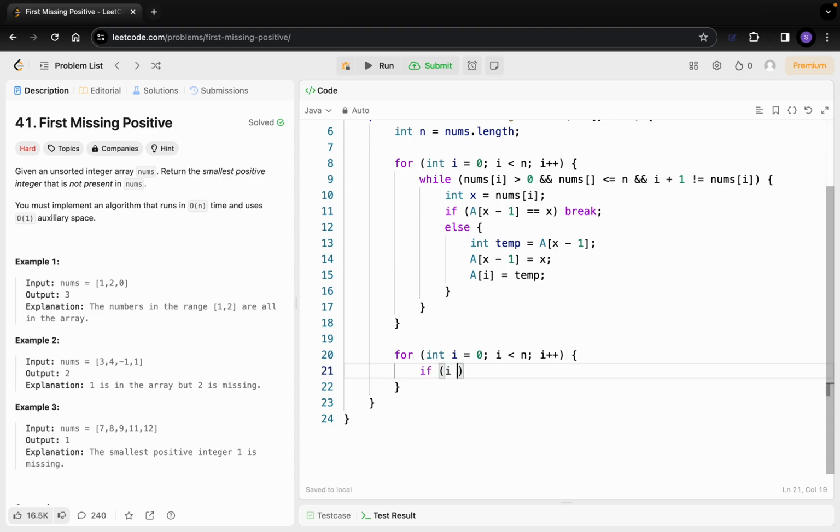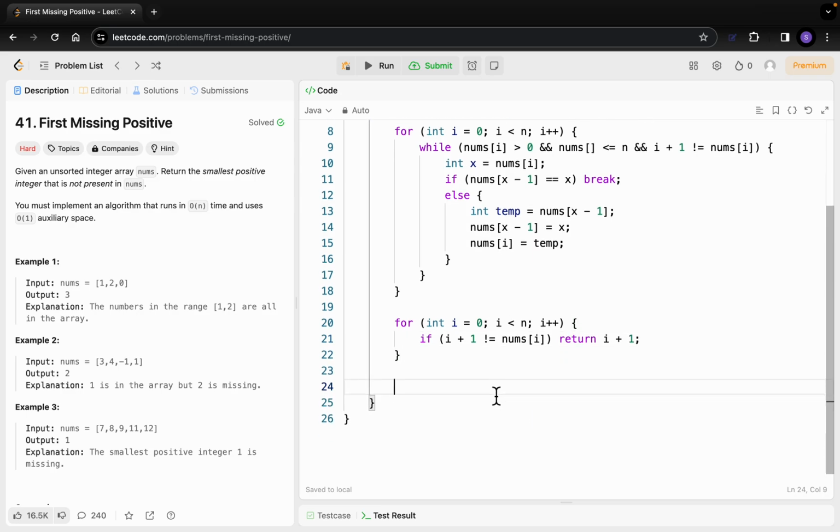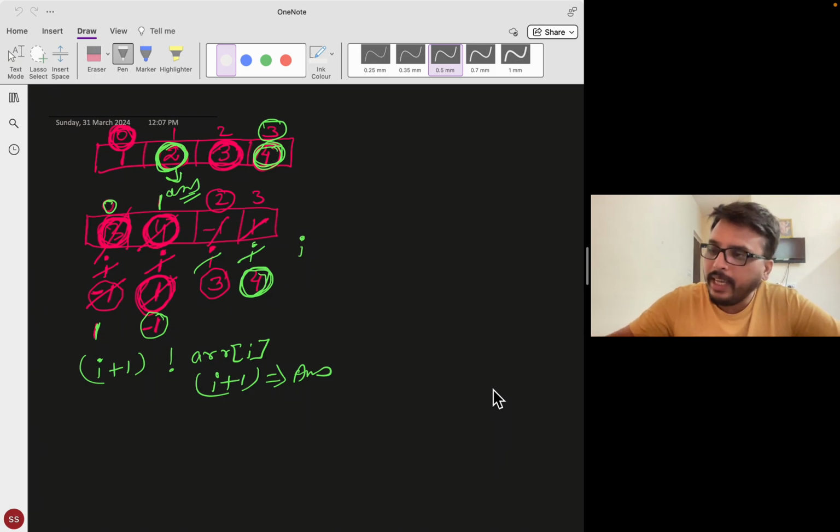Now if i plus 1 is not equal to nums of i, it means it's not at the right position, it's the missing number, it is the first positive missing number, so we will return it. There is one case here, suppose let's see that case.